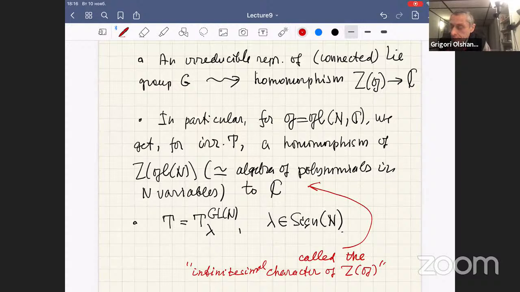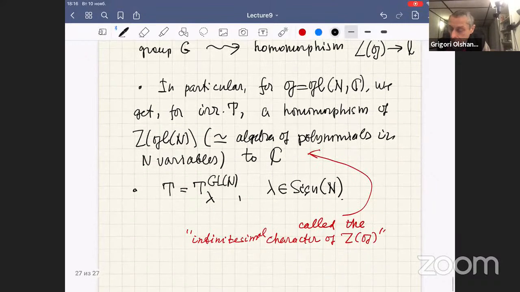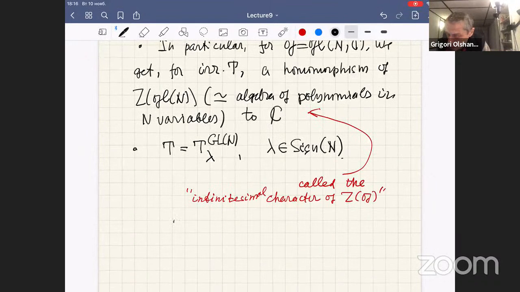So the problem now, which I will discuss in the next lecture, is as follows. We have a center, in particular in the case of GL_n.